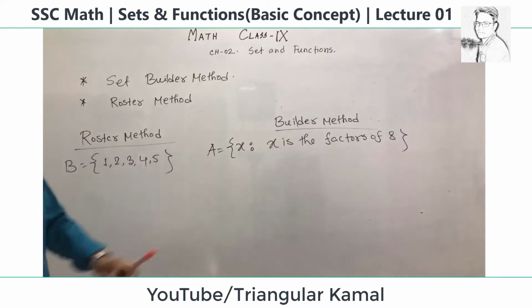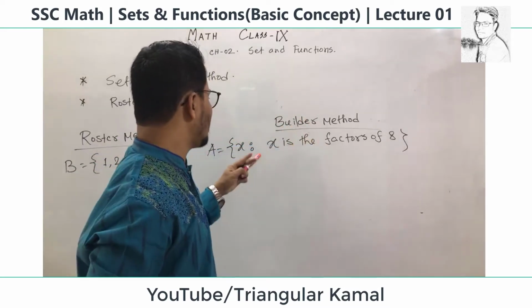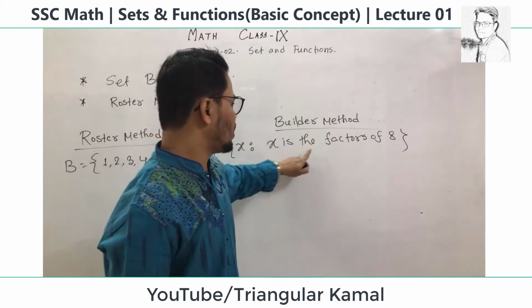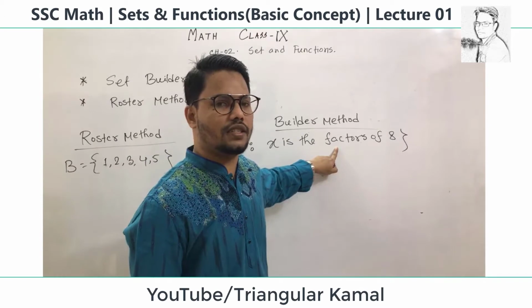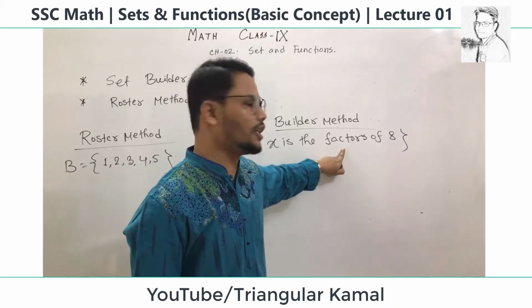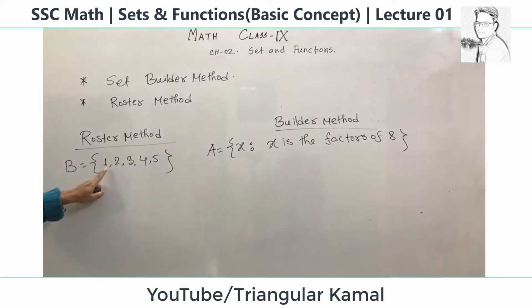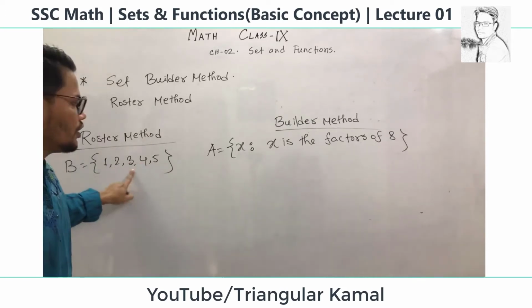So in the builder method, you see the elements are not given directly, but the information about which elements will be here is given. But in the roster method, you see directly the elements are given: 1, 2, 3, 4, 5. These are elements, maybe even numbers, odd numbers, counting numbers.